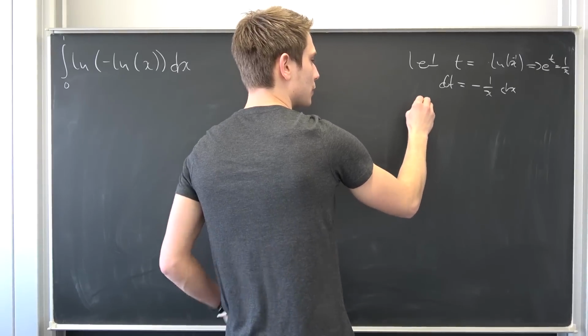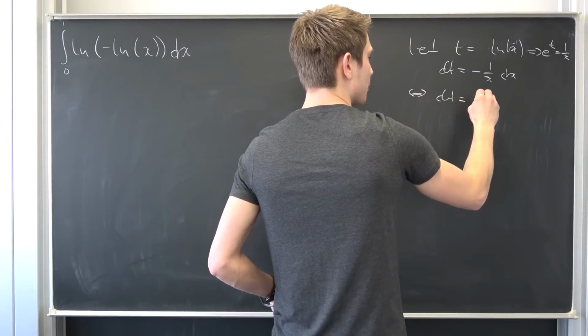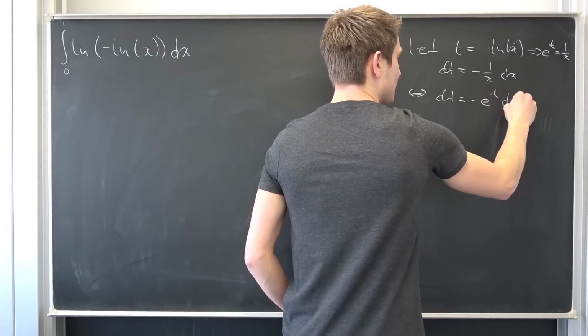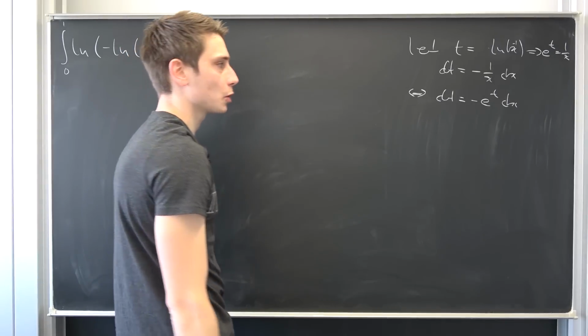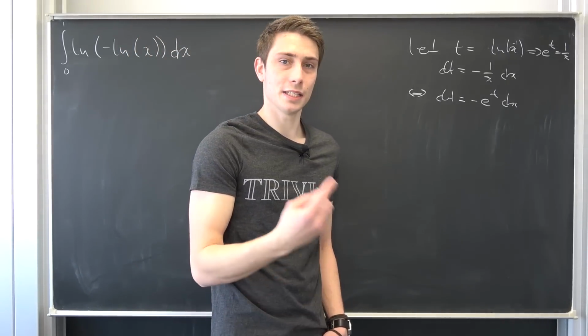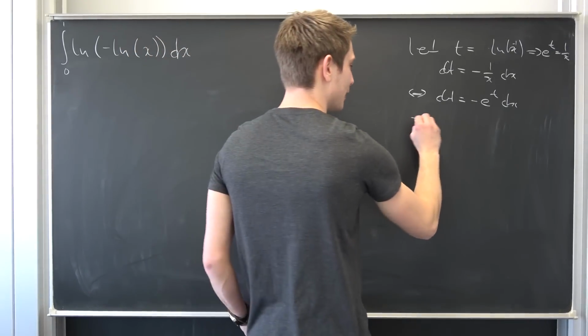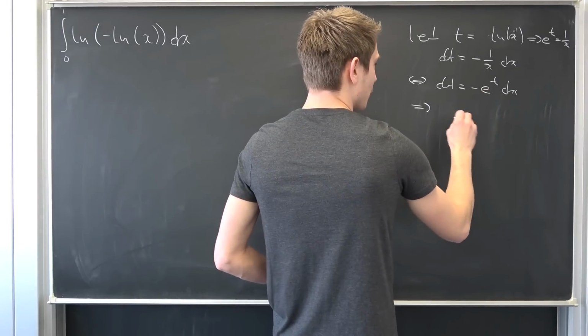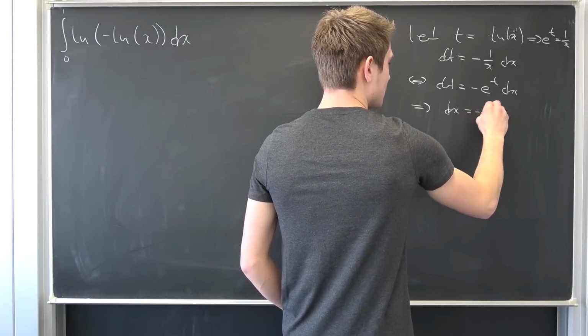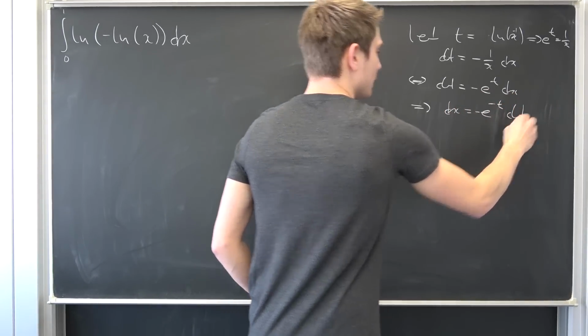Okay, so that's equivalent to saying we have dt is nothing but negative e to the t dx, and well, now we can multiply both sides by negative e to the negative t because it's not equal to 0, and then we are going to get dx is nothing but negative e to the negative t dt.